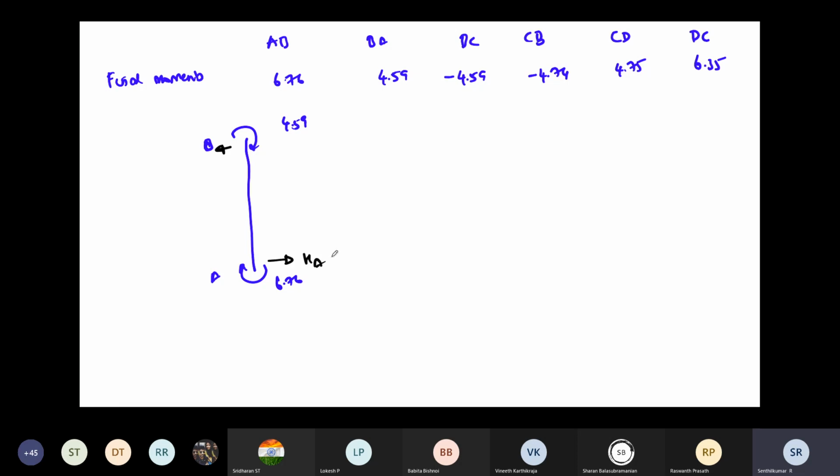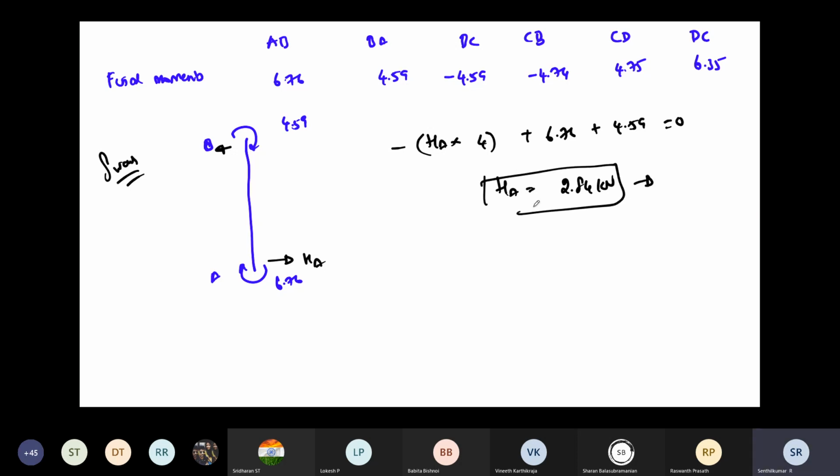So HA into height is nothing but anti-clockwise minus 4, then plus clockwise 6.76 plus 4.59 equal to 0. So finally this HA, HA is due to sway alone. Everything here is for sway alone. This HA will be coming as 2.84 kN.